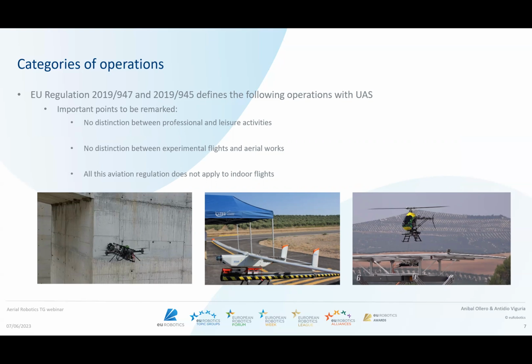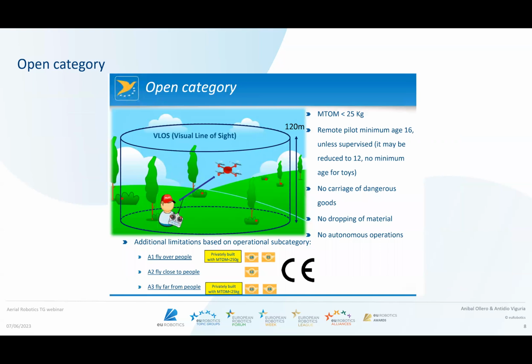Okay. So the open category is limited to aircraft below 25 kilos. It cannot carry dangerous goods. No autonomous operations. It has to be flown by a pilot, and the aircraft has to be in visual line of sight. You have to see the aircraft at any time, and fly no higher than 120 meters.